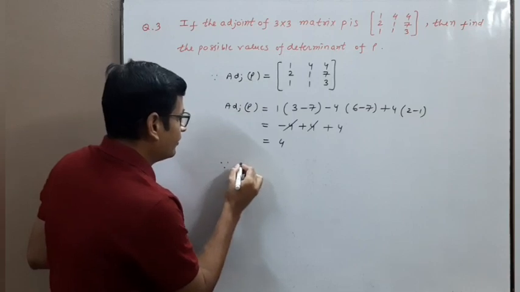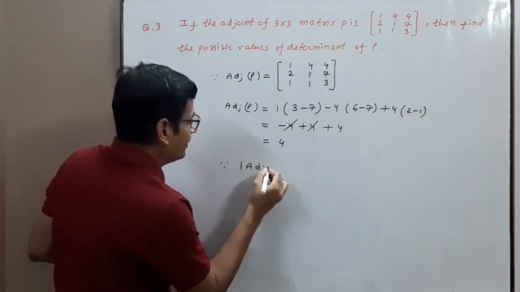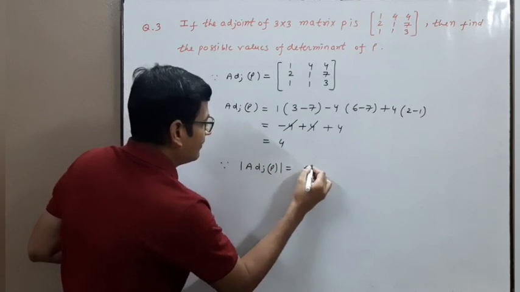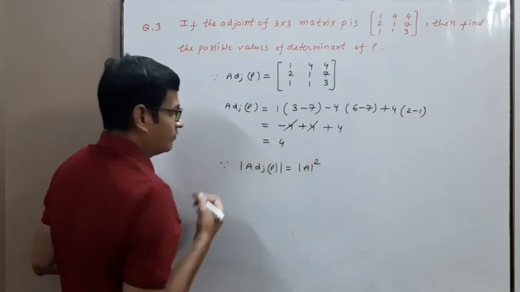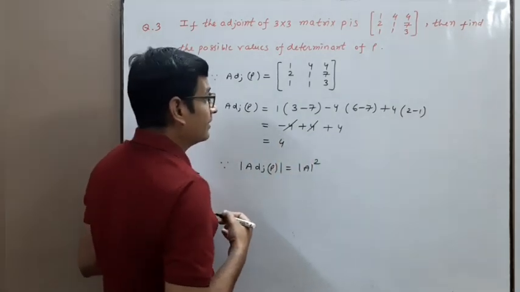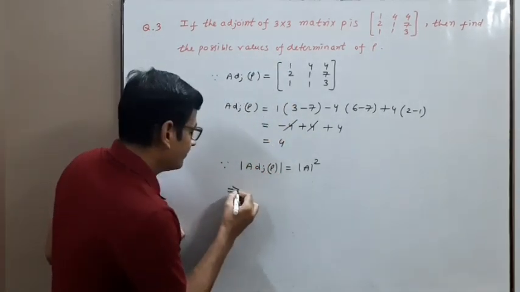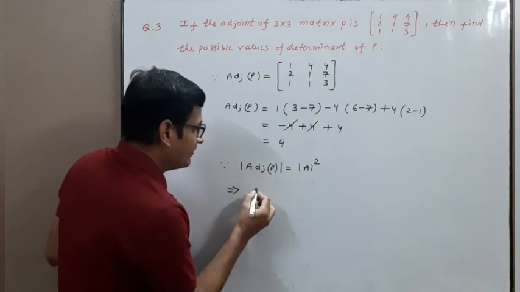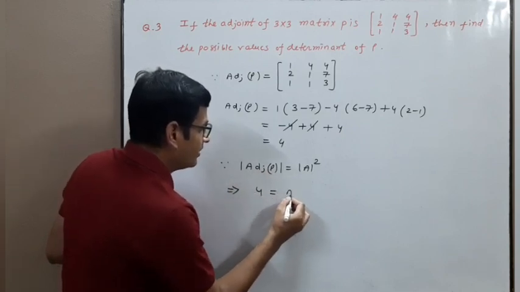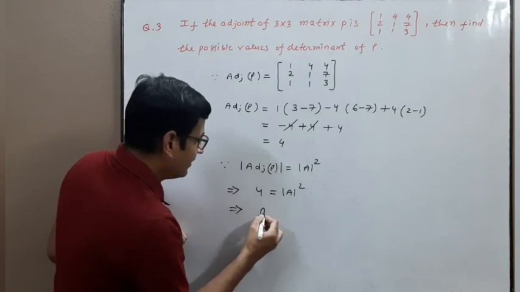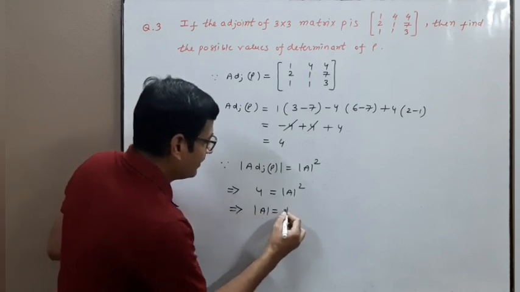Now since we know that determinant of adjoint P is equal to determinant A raised to the power n minus 1, this is the relation. Here n is 3, so determinant adjoint P, which is 4, is equal to determinant A whole square. So value of determinant A is equal to plus minus 2.